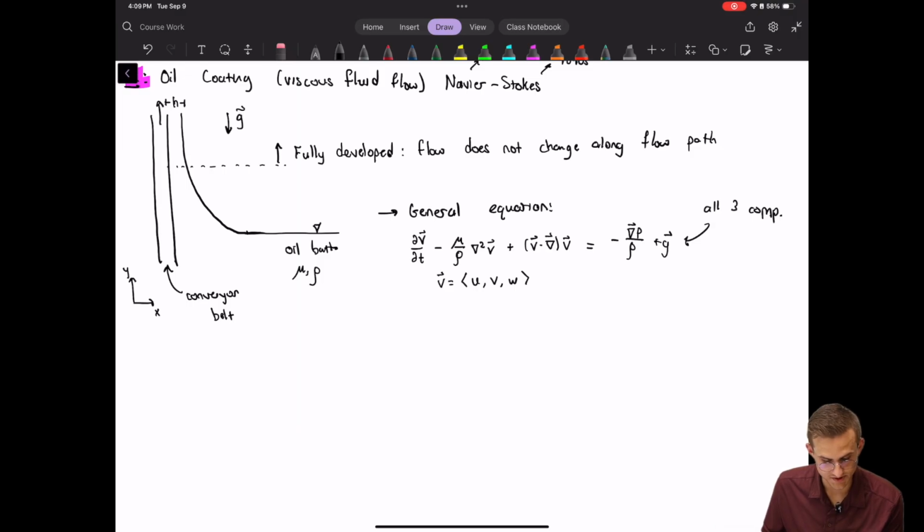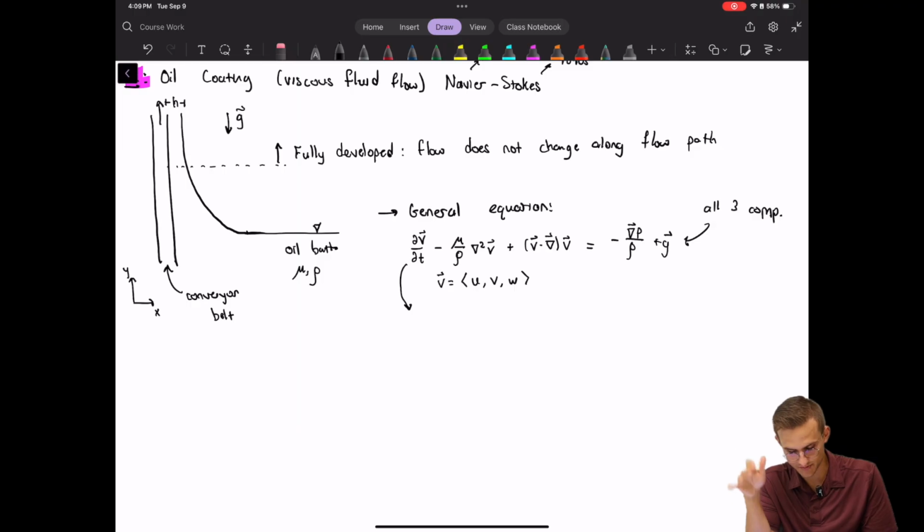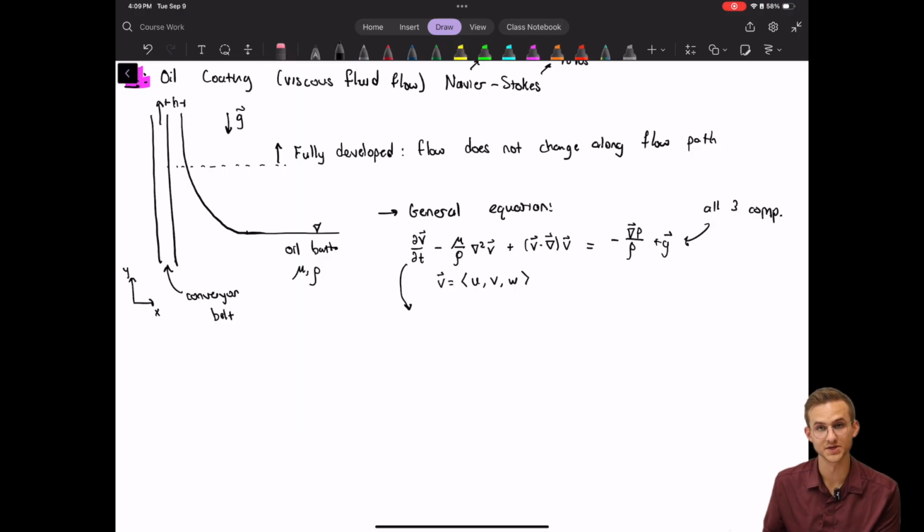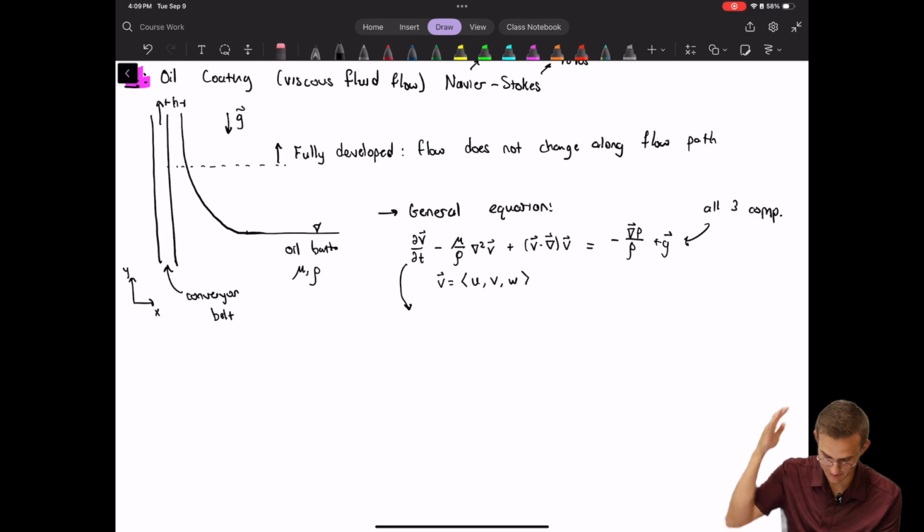So first off, in x and in z, sort of into the page, we're assuming that there's basically no flow in either direction in the fully developed region, right? We have no flow because there's symmetry into the page.